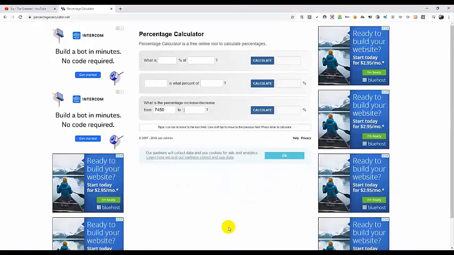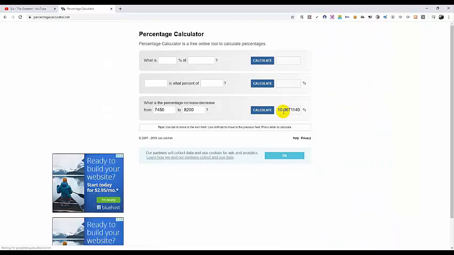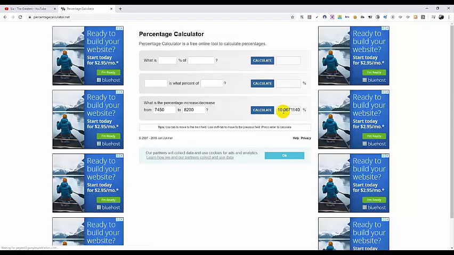Your take profit is 8,200. How many percent did you make? You've just made 10% on this trade, just for BTC to move from 7,450 to 8,200. You've made 10% for those trading on spot.